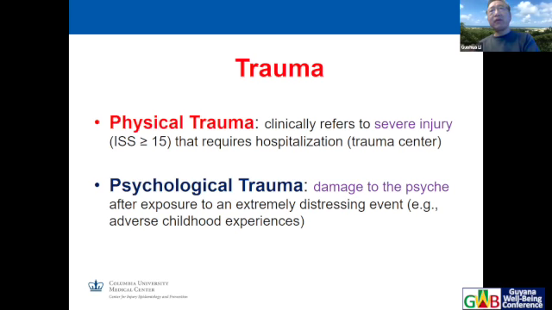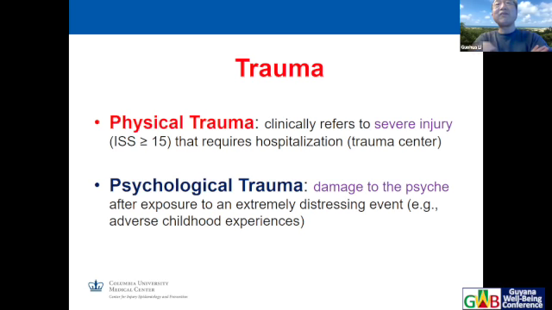So we're referring to a more severe injury that requires admission to the hospital, and usually maybe to the trauma center. A trauma center here in the United States is part of some of the hospitals, a sort of specialized care. So that's what trauma means in the clinical setting.